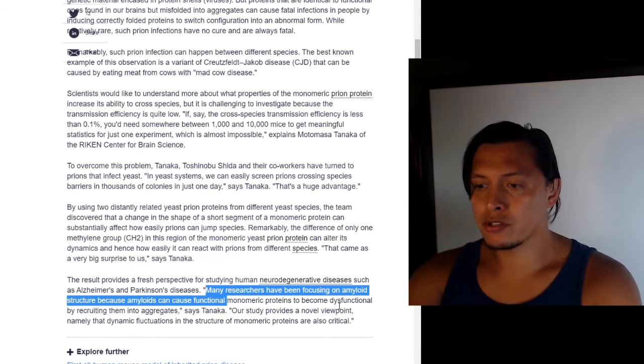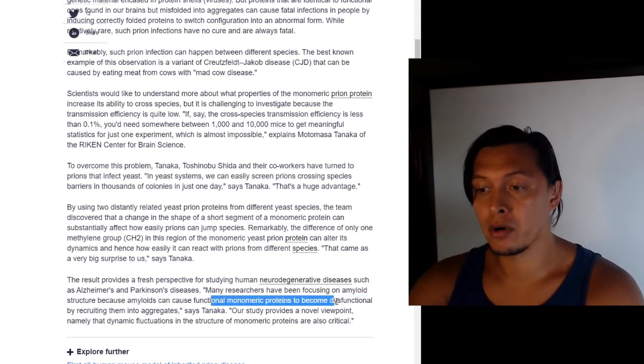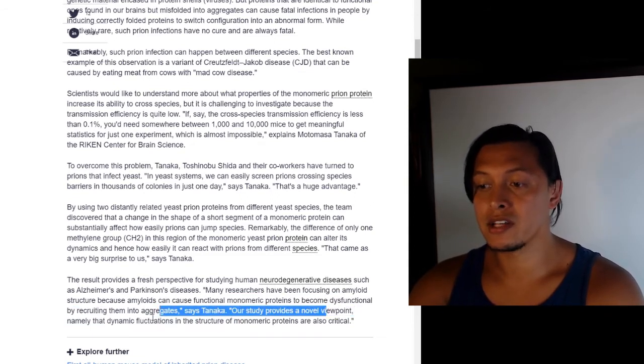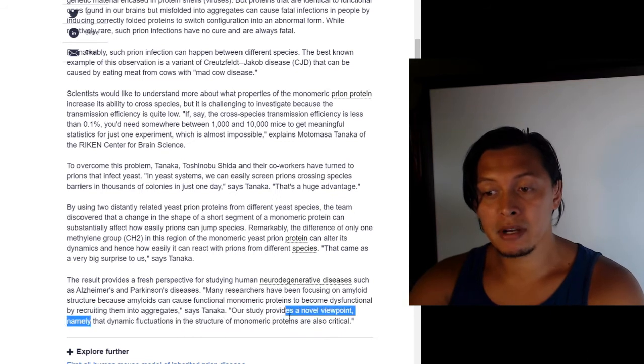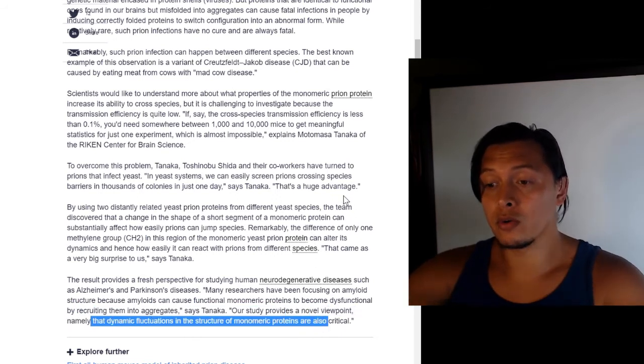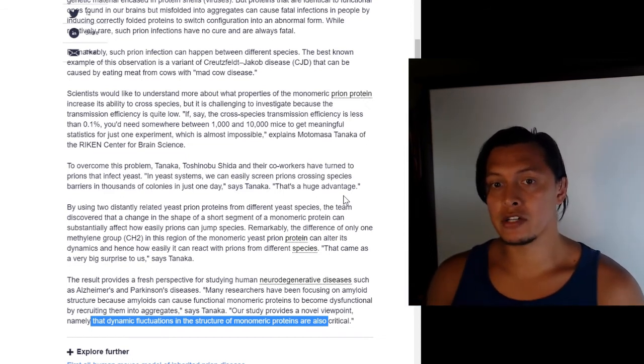So many researchers have been focusing on amyloid structures because amyloids can cause functional monomeric proteins to become dysfunctional by recruiting them into aggregates. And our study provides a novel viewpoint, namely that dynamic fluctuations in the structure of monomeric proteins is also critical. So stepping back, I think this is very useful information.